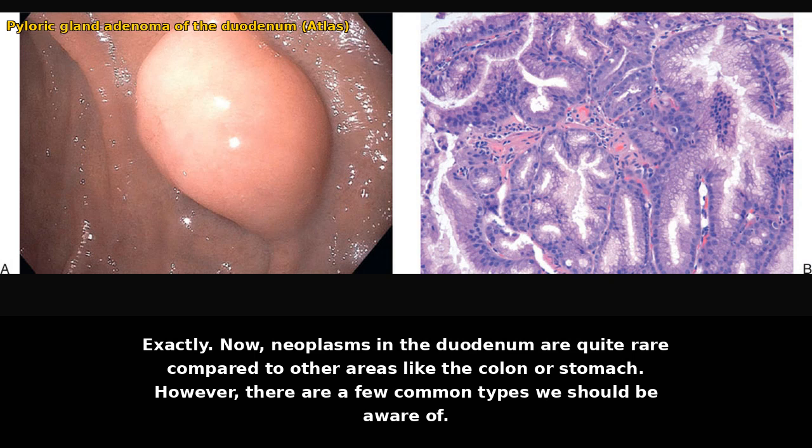Exactly. Now, neoplasms in the duodenum are quite rare compared to other areas like the colon or stomach. However, there are a few common types we should be aware of.